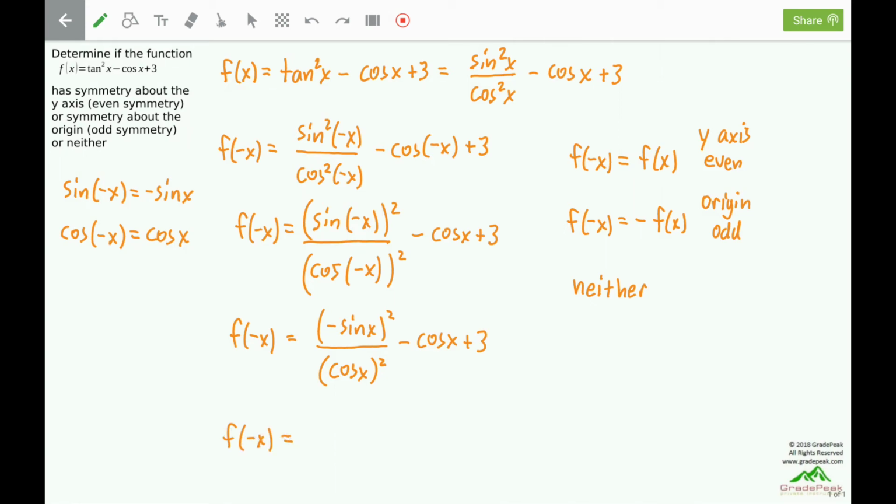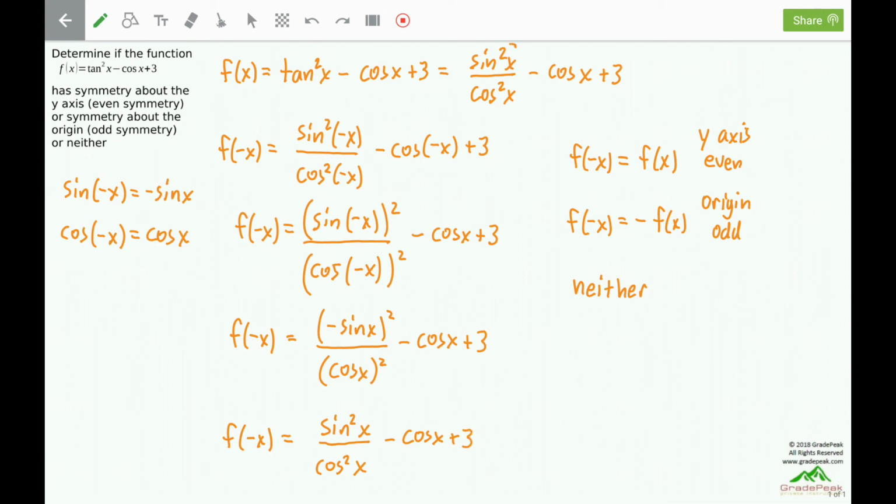f of negative x equals negative sine squared, negative squared is positive, and then sine squared over cosine squared of x, and then minus cosine of x, and plus 3.